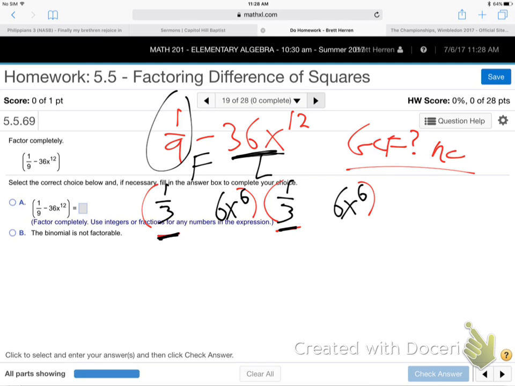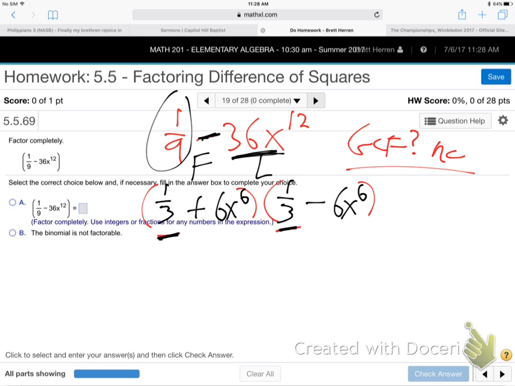The numbers in the front multiply, powers add, right? And how do you get negative 36? Always 1 positive, 1 negative, huh? Right, good? We're done. Nothing more needed. So that one had no GCF, so we didn't have to do the 1 parenthesis step. It was straight to the 2. Good? Questions on that?